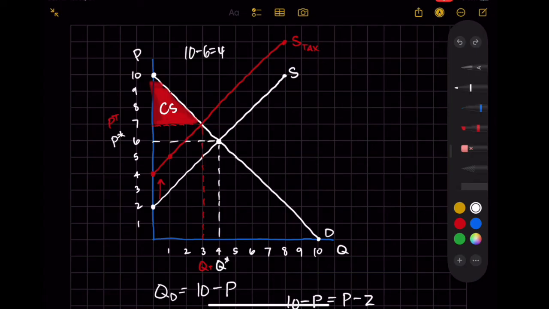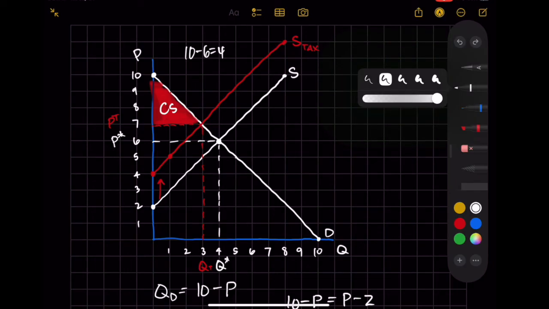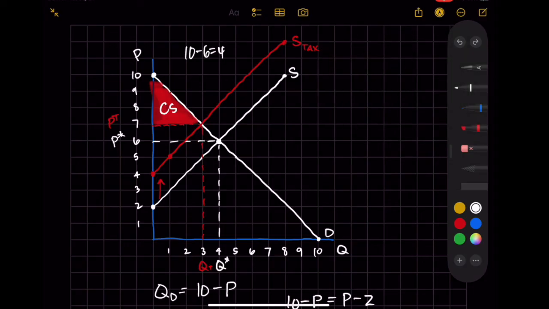Okay. What about producer surplus? Well, this one's a little bit trickier. We want to find the point at which the new QT crosses the supply function. So that's going to be right here at this point. So if you come straight down, this is now the new equilibrium price and quantity.